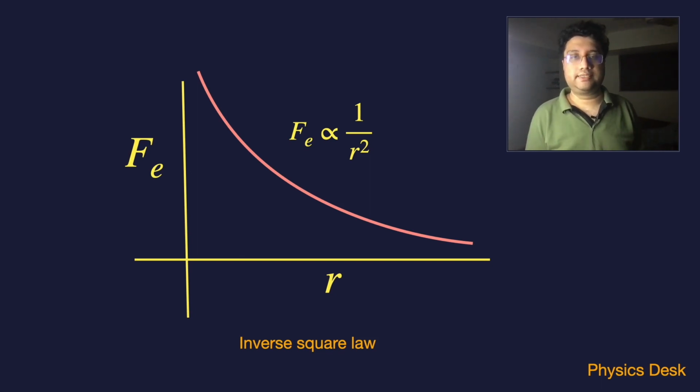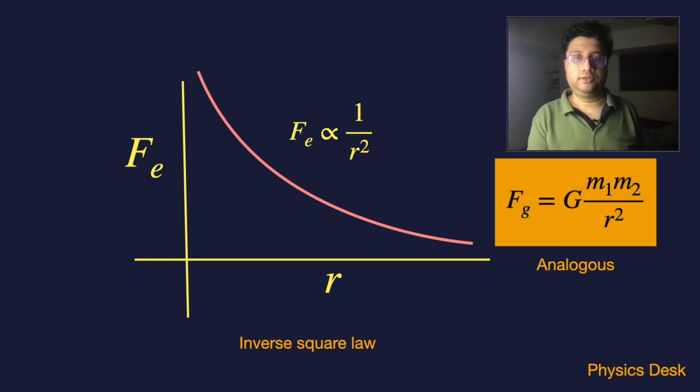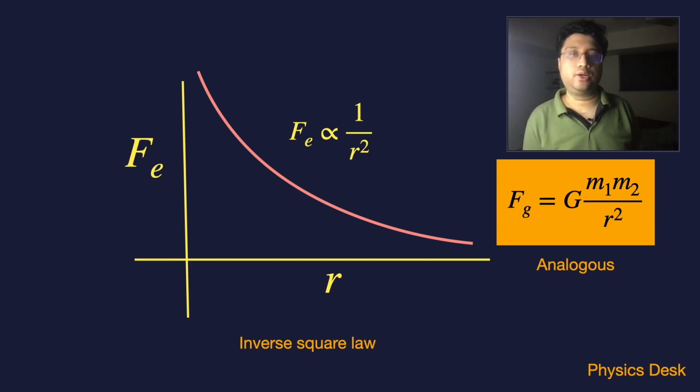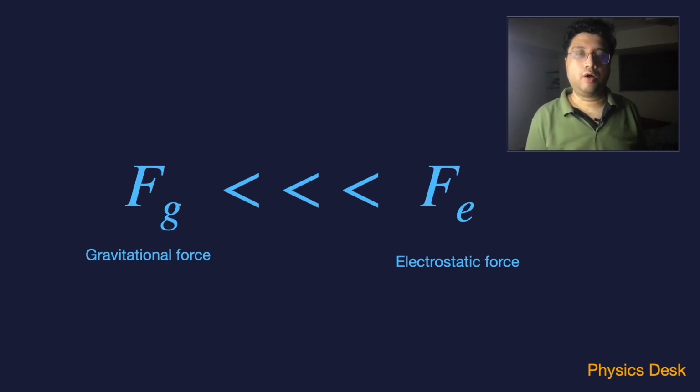In this context, we can observe an analogy with gravitational force, which is also an inverse square law and has a structure similar to that of Coulomb's law. Gravitational force between two point masses is F = G m1 m2 / r², so the electrostatic force and the gravitational force are analogous. However, gravity is far weaker compared to electrostatic force, more than a billion times weaker.